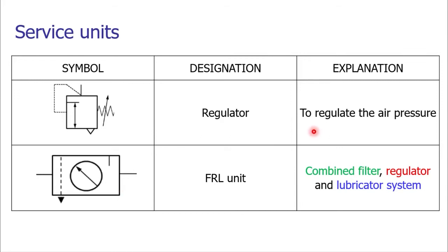The regulatory valve, which is used to regulate the air pressure, can be seen on your screen. This is a spring loaded valve, but we can change the spring force over here. For that purpose the arrow has been mentioned.